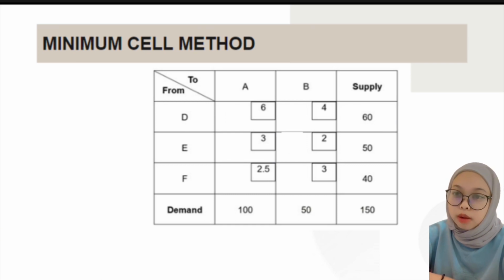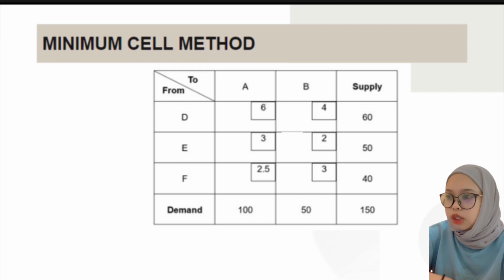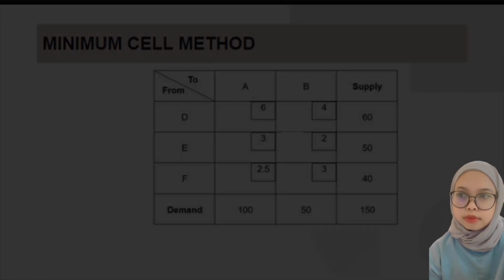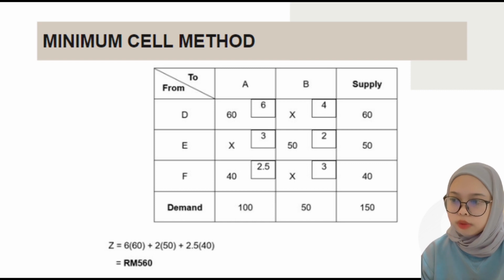For the minimum cell cost method, it will provide a solution with a lower cost than the Northwest corner solution because it considers cost in the allocation process. First things first, let's look at the lowest cost.